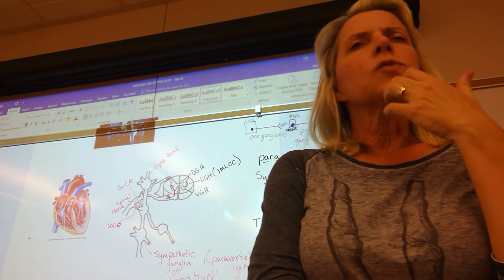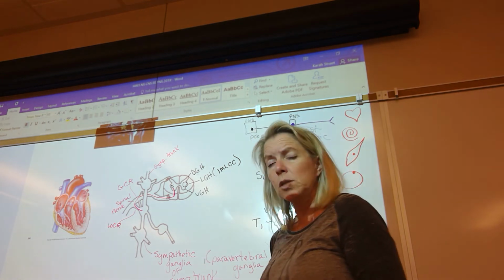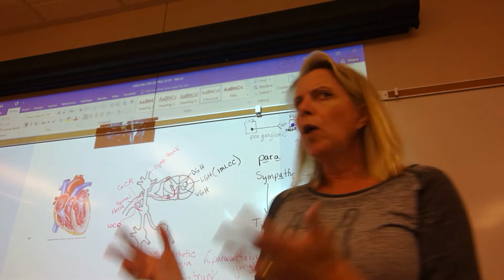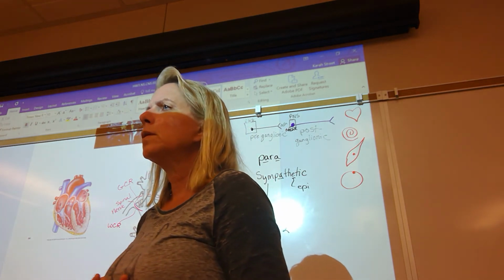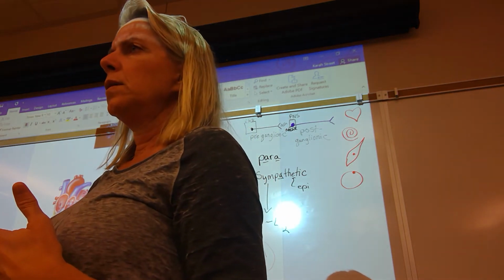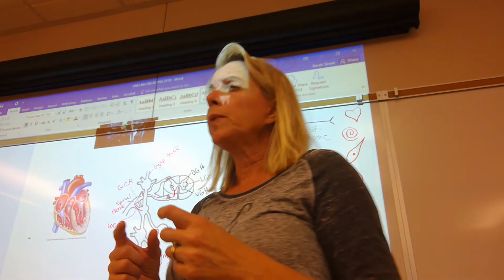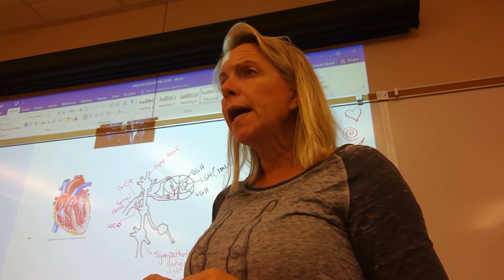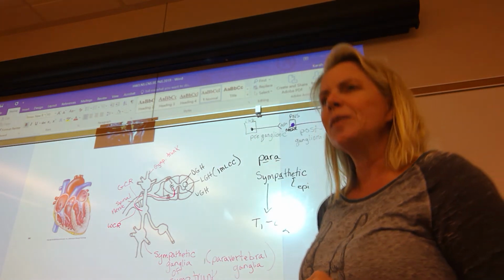Okay, so this axon has options. Which route will it take? In this book, it says the white communicating ramus. Ramus is singular, rami is plural.